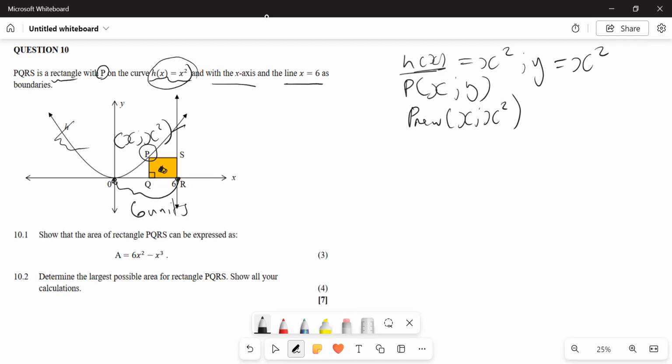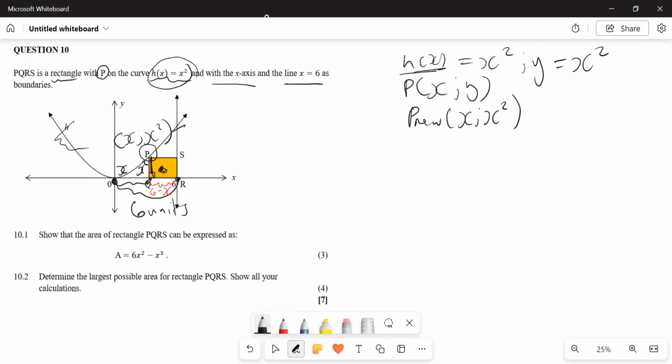The distance from 0 to Q is our x, and the distance from Q going up vertically is x squared. The small distance there is 6 minus x.